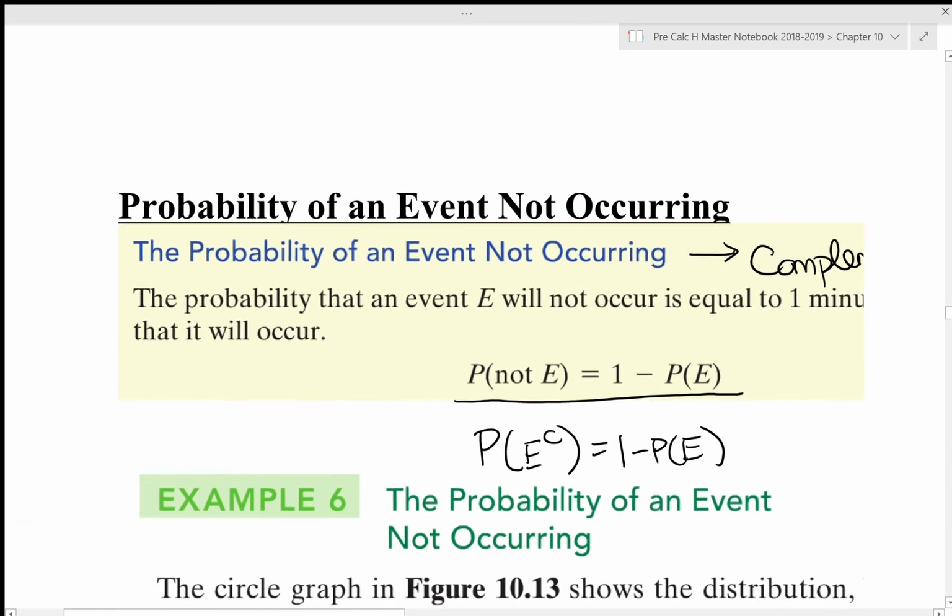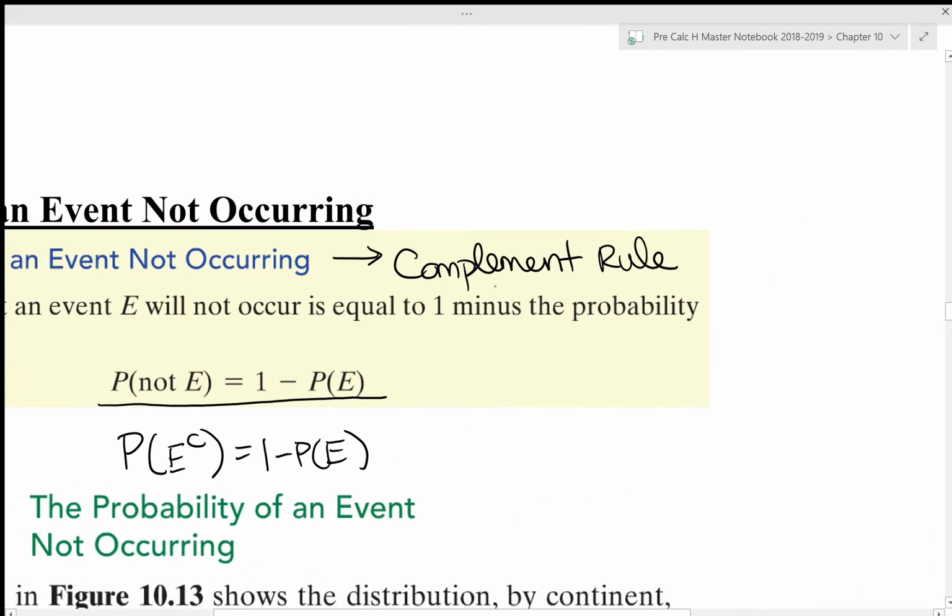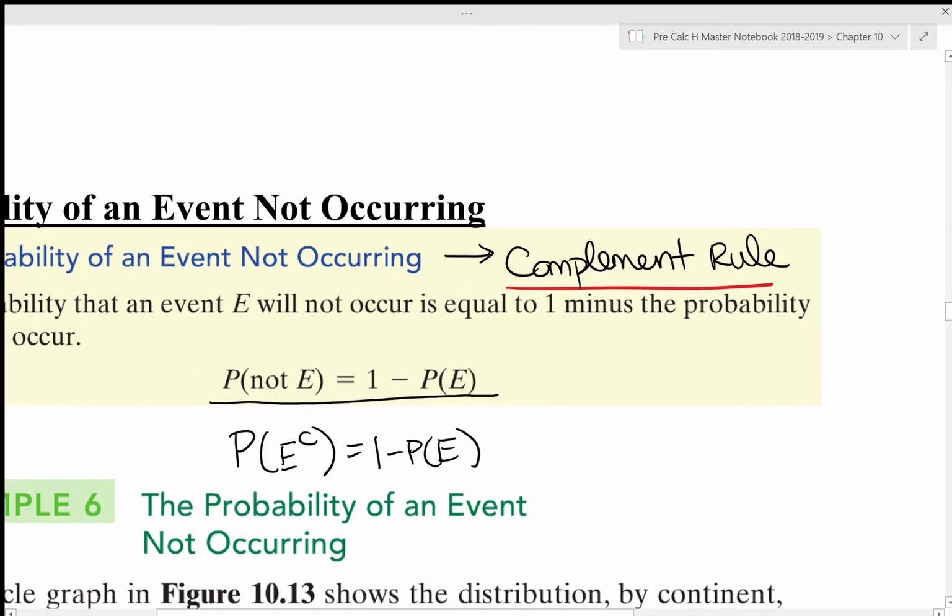Now, the probability of an event not occurring, all right? Something like the probability that it is not going to rain, all right? You could also see it referred to as the complement, all right? So if you want to find the probability of something not happening, it's basically the rest. So if I said the probability that it's going to rain is 10%, and I asked you, knowing that the chance it's going to rain is 10%, what's the chance it won't rain? You're going to quickly say, well, 90%.